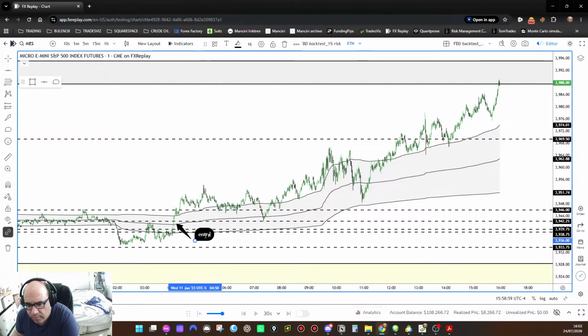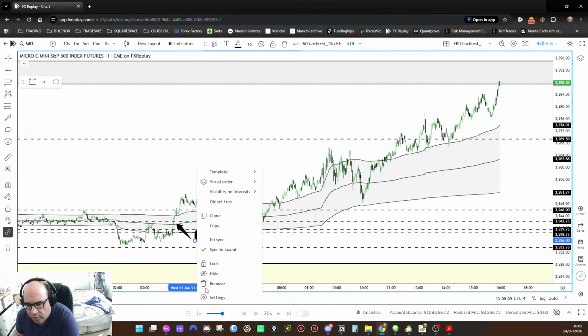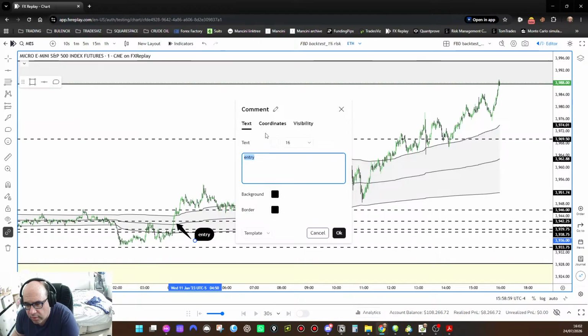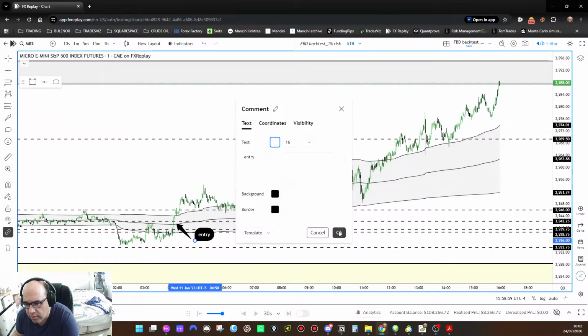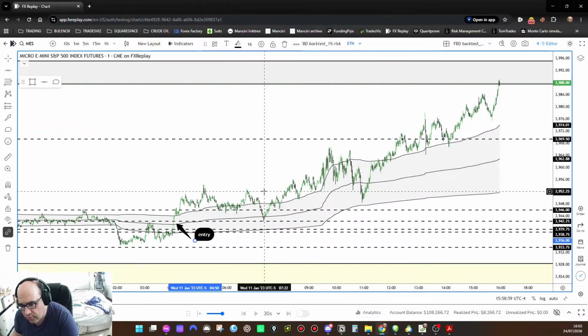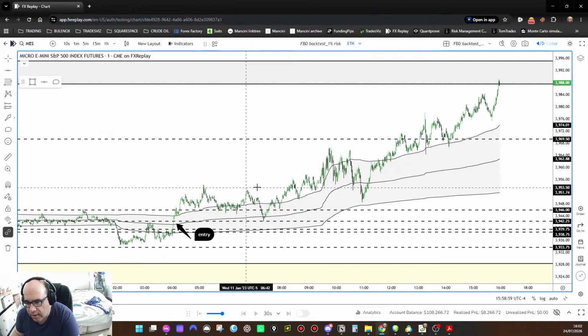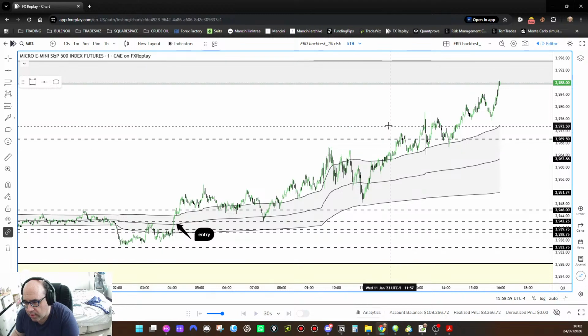Okay, so the text we wanted white. Okay, that's alright. Okay, awesome. Okay, this is entry. We have the TP1 was right here.